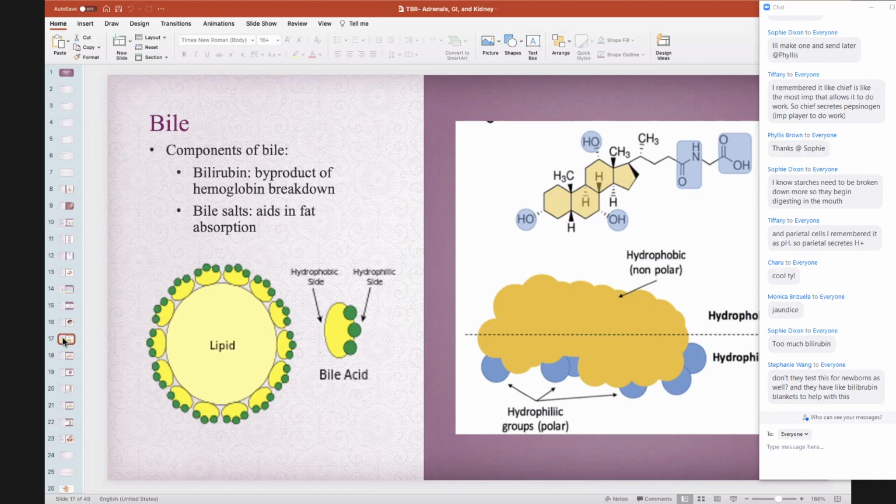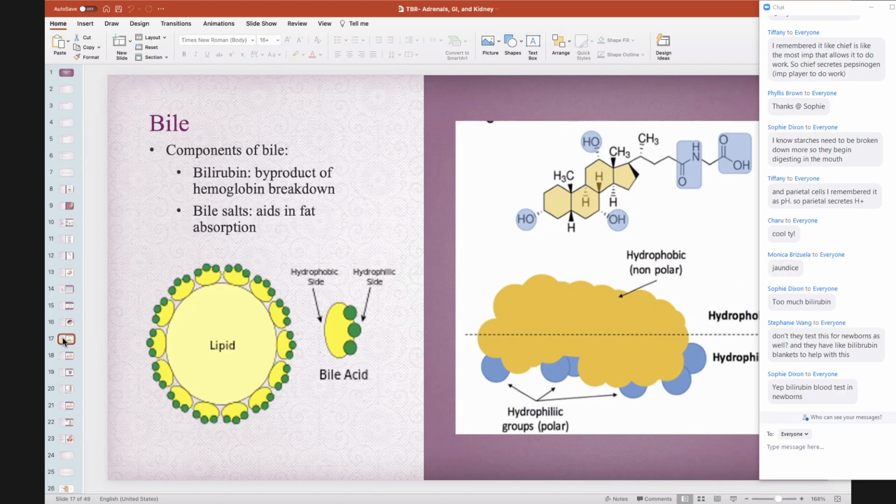What bile salts do is they have a hydrophobic side and a hydrophilic side, where the hydrophobic side can go and insert itself around these smaller balls of lipids, creating a lot of small balls that can exist in a hydrophilic environment because these salts have a hydrophilic side. This allows for an increased surface area to speed up lipid breakdown by lipases that we'll be introducing in the small intestine.